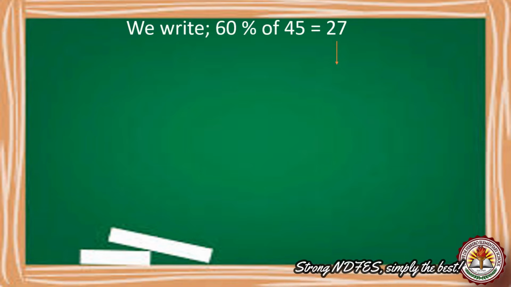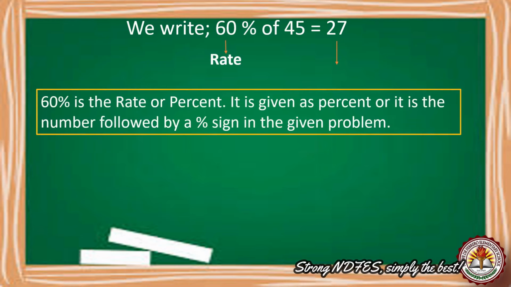Okay, children, let us recall again our number sentence in a problem. We write 60% of 45 equals 27. So 60% is the rate or percent. It is given as percent, or it is the number followed by a percent sign in the given problem.